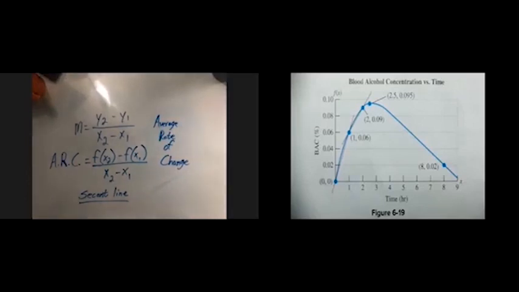So if we were to find, for instance, the average rate of change of blood alcohol level from x equals 0 to x equals 1, all we'd be doing is finding the slope of the line through those 2 points.